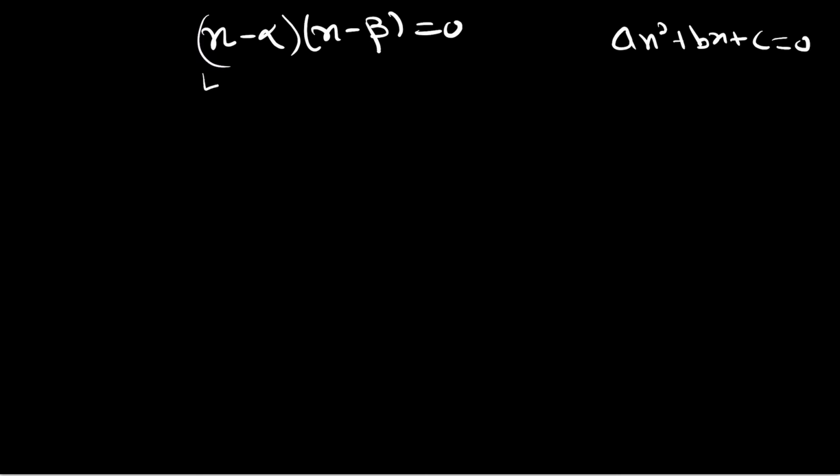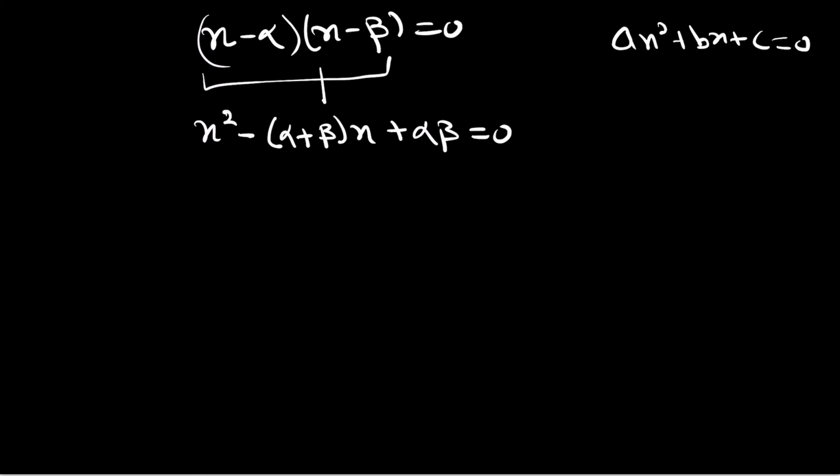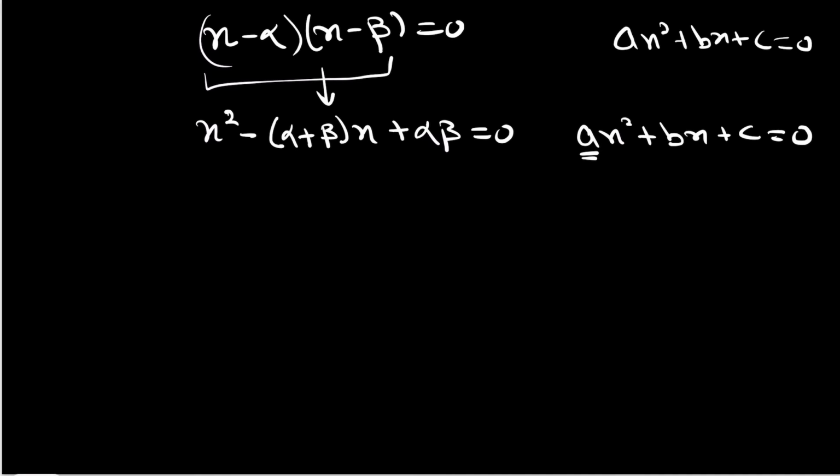Then in that case, if I simplify this, x square minus (alpha plus beta) x plus alpha into beta equal to 0. This becomes this after multiplying both the factors. Now compare it with this. We find that x square's term here is 1.